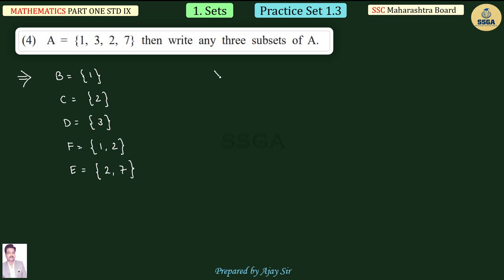Suppose here X, we can use 3, 2, 7, or Y we can use 1, 3, 2. Any possible combinations, you can use 1 element, you can use 2 elements, you can use 3 elements, any possible. So combinations of the set we can write as a subset.